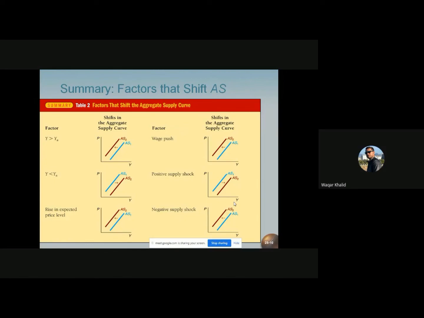So let me conclude the whole discussion. In one sentence, a negative supply shock that raises production cost shifts the aggregate supply curve to the left, and a positive supply shock that lowers production costs shifts the aggregate supply curve to the right side.